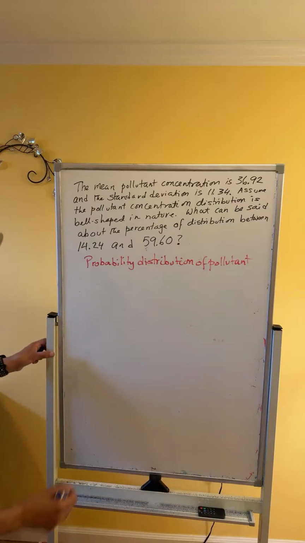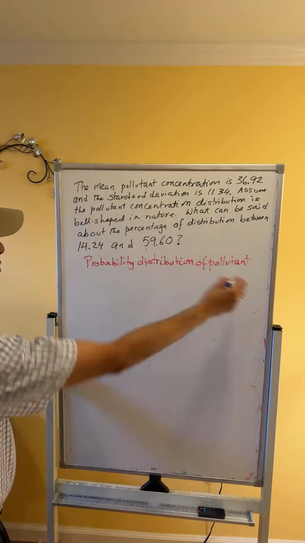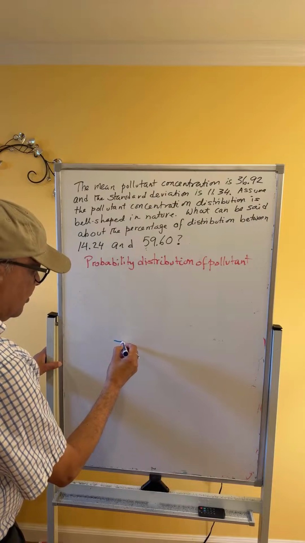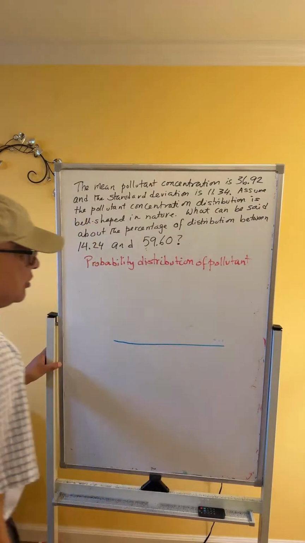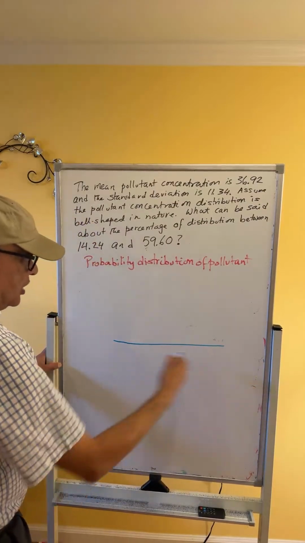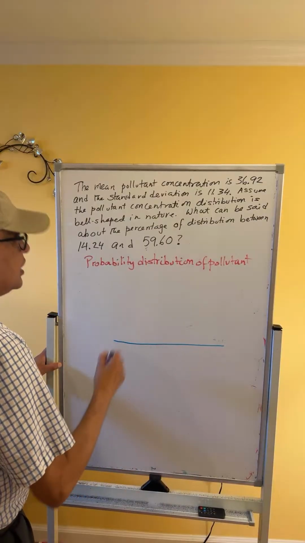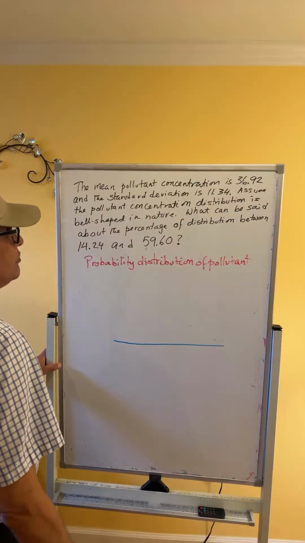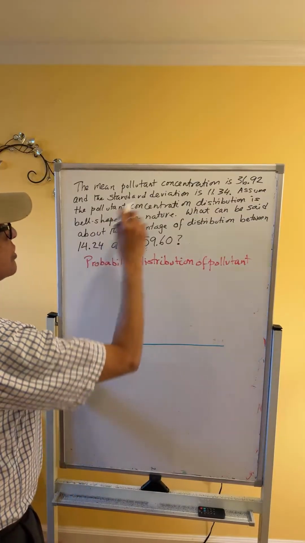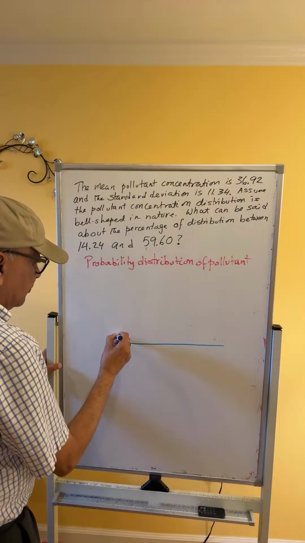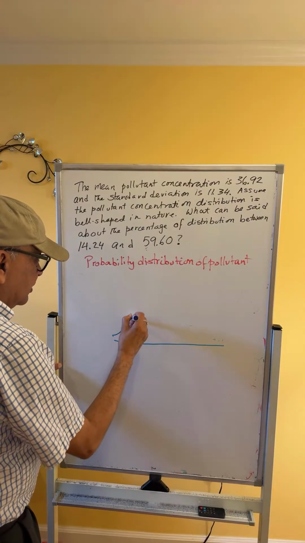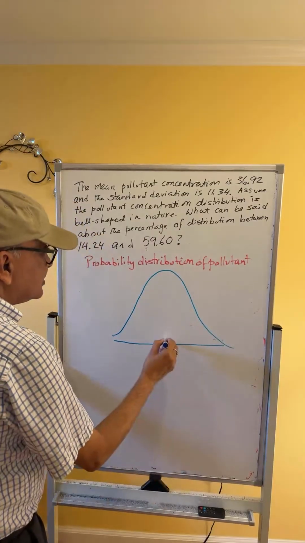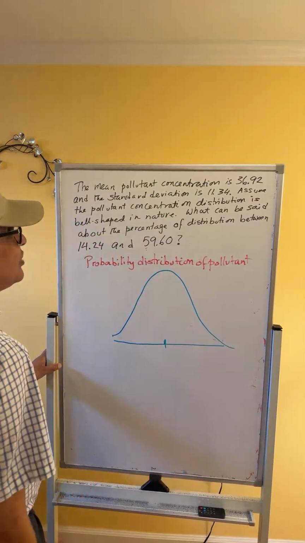Okay, so let's do the probability distribution of pollutant, which is bell-shaped in nature. Usually on the horizontal axis we have groups of data. The distribution looks like this: there is a center where the peak is the highest.